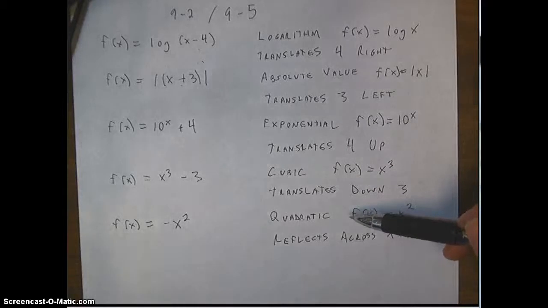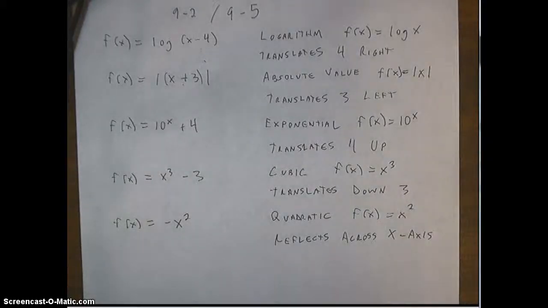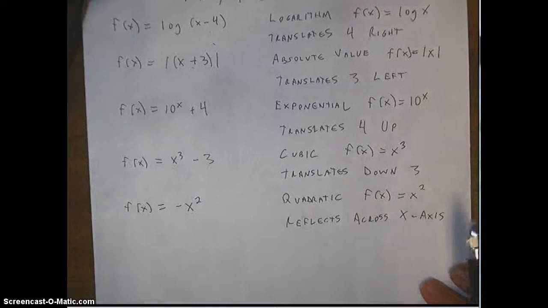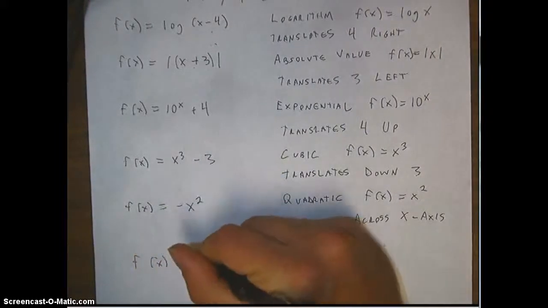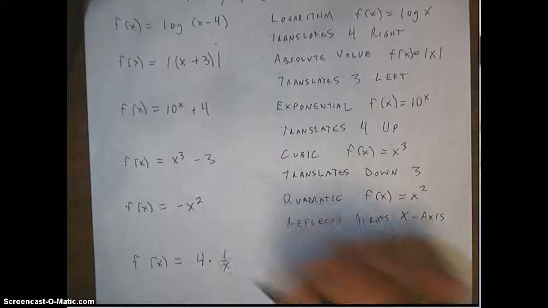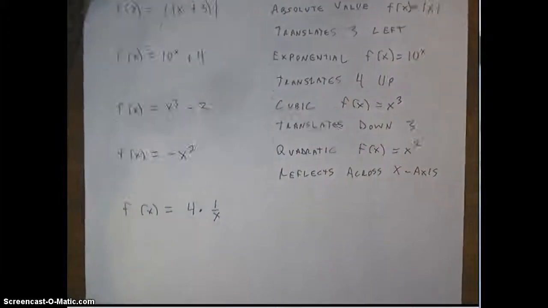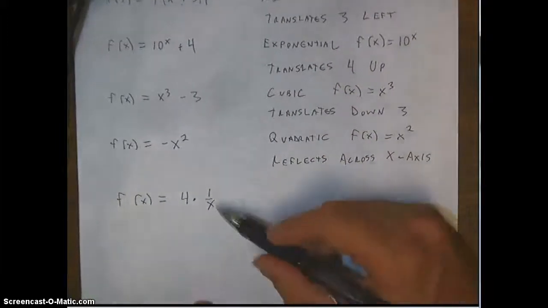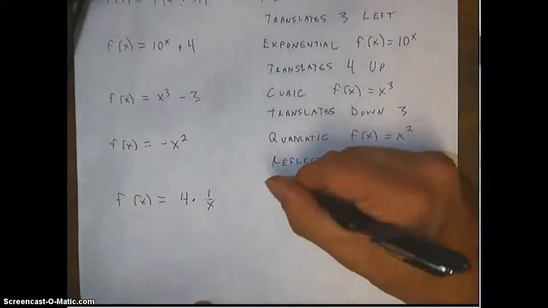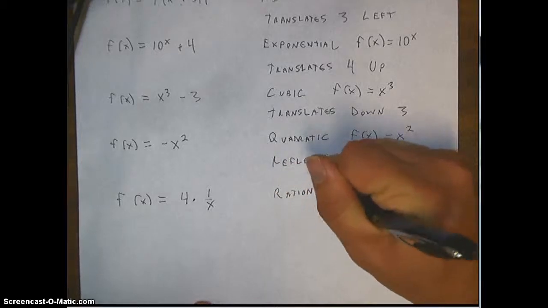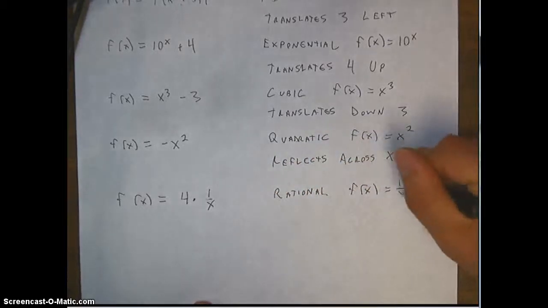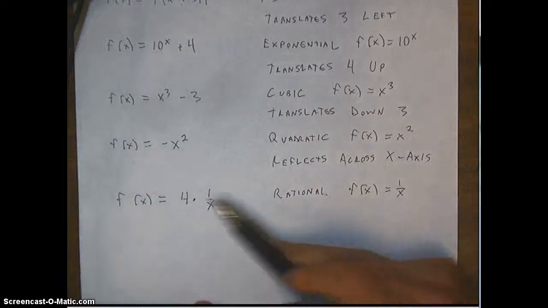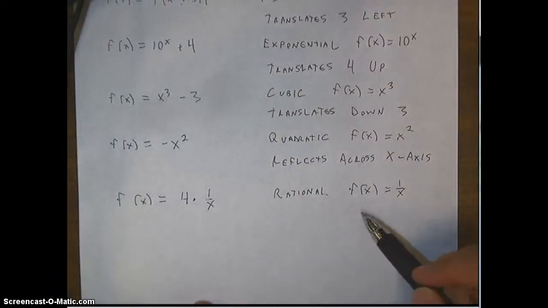On the 4th and 5th, we threw in multiplication. So let me show you one that looks like that. Okay, so what kind of function is that? The 1 over the x is the giveaway. That's a rational. And the parent function for that is just 1 over x. So what does this 4 times do to the graph?